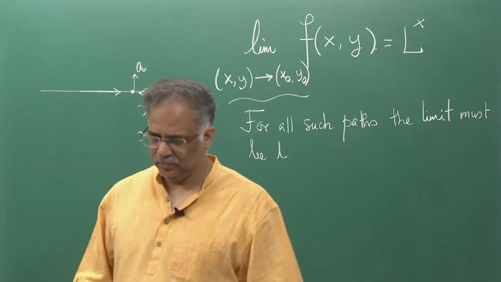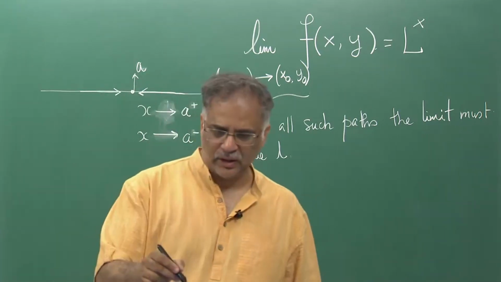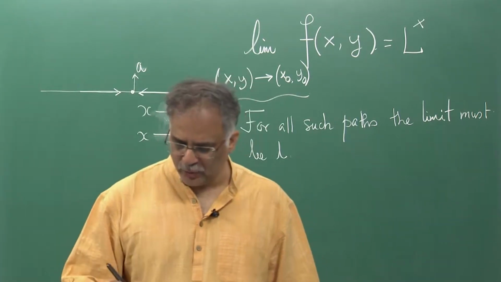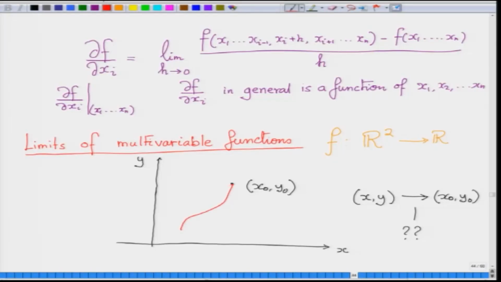So, here I would like to redraw this thing again. There are many ways of approaching this point: this way, straight, in this way, or in a zigzag way, whichever way, or maybe this way, whatever.